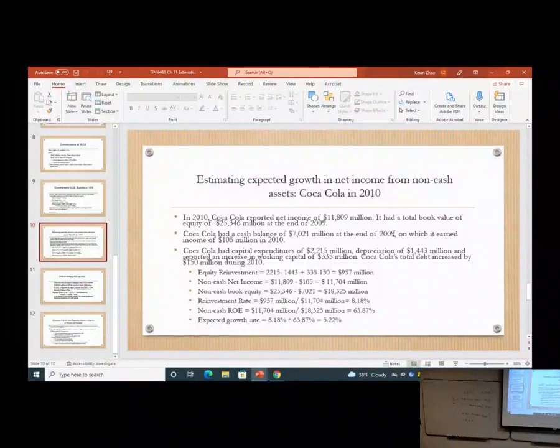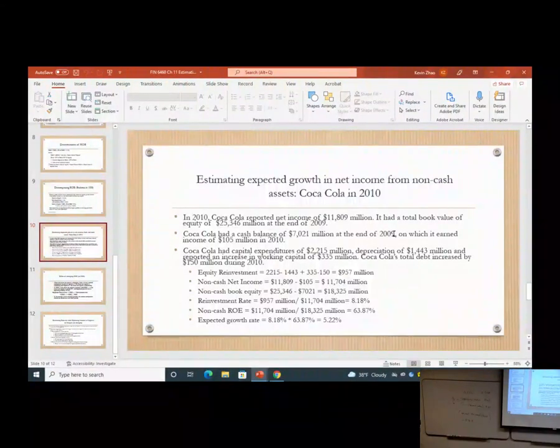Where is the CapEx? CapEx is 2.2 billion. Depreciation and amortization is 1.4 billion. Change in working capital is 335 million, so 0.335 billion. And total debt increased by 150, so here is the total change in debt. Once you have these five numbers, you can figure out the so-called reinvestment rate.